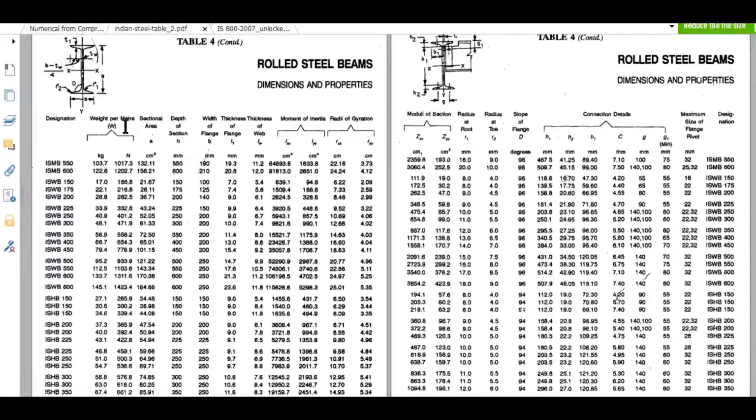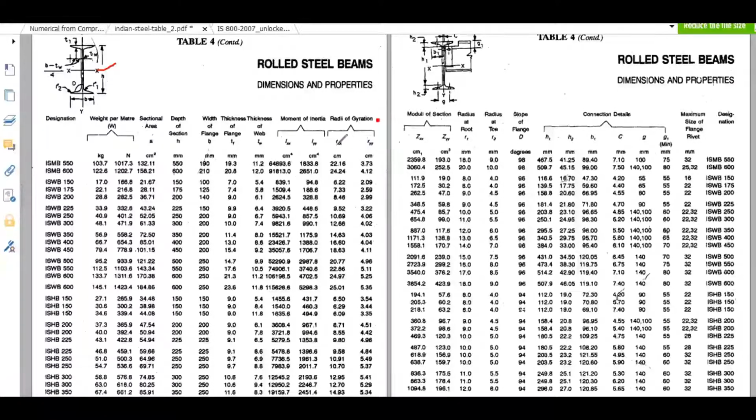The designation, weight per meter in kg and in Newton, sectional area, depth of section, thickness of web, thickness of flange, and moment of inertia about the two axes are given, along with radius of gyration.